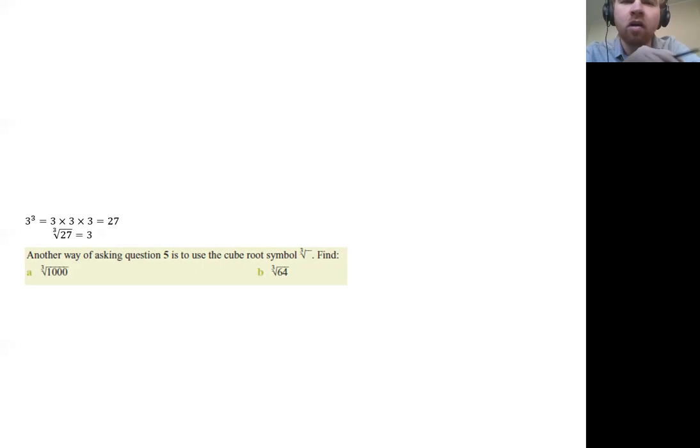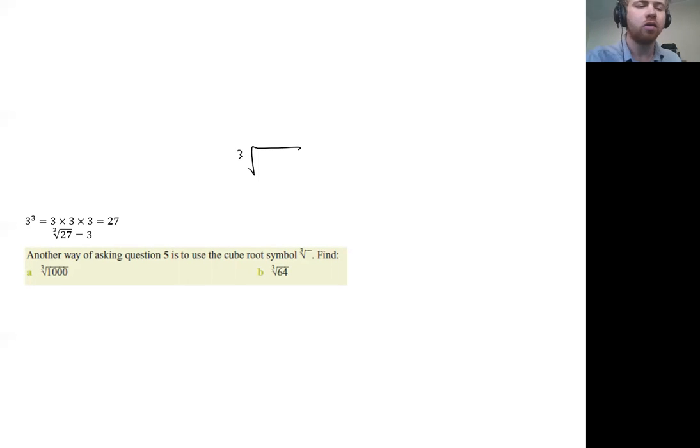So the opposite of cubing, or putting something to the power of 3, is what we call the cube root. Now this is similar to the square root, except we write a little 3 in the top left corner there, outside of the symbol. And that means we're not square rooting, we're cube rooting.